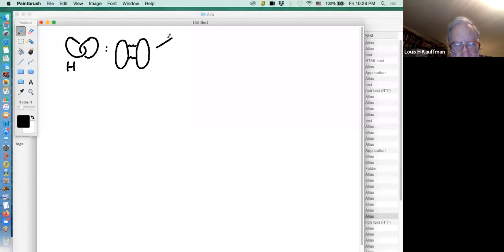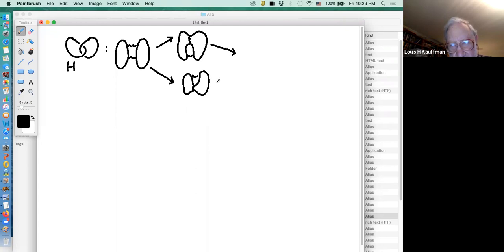And then we can smooth the top one, or we can smooth the bottom one, or we can smooth both of them.